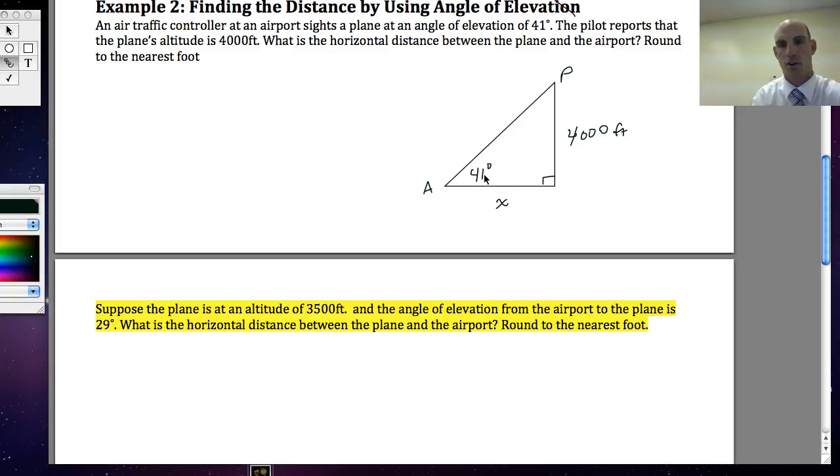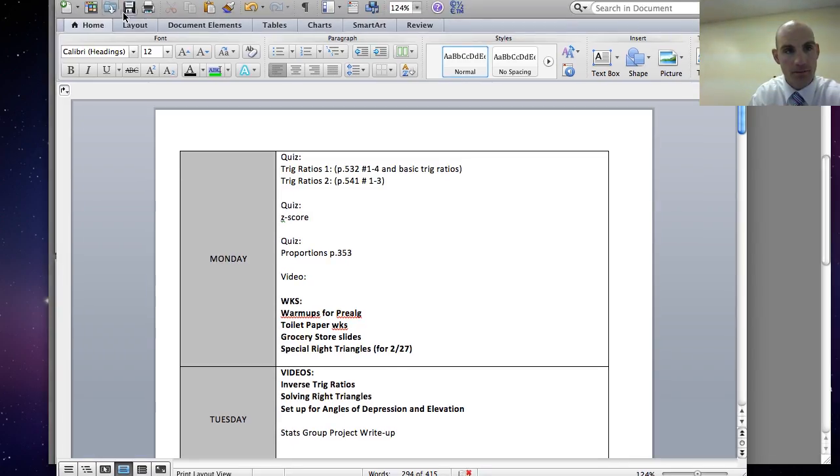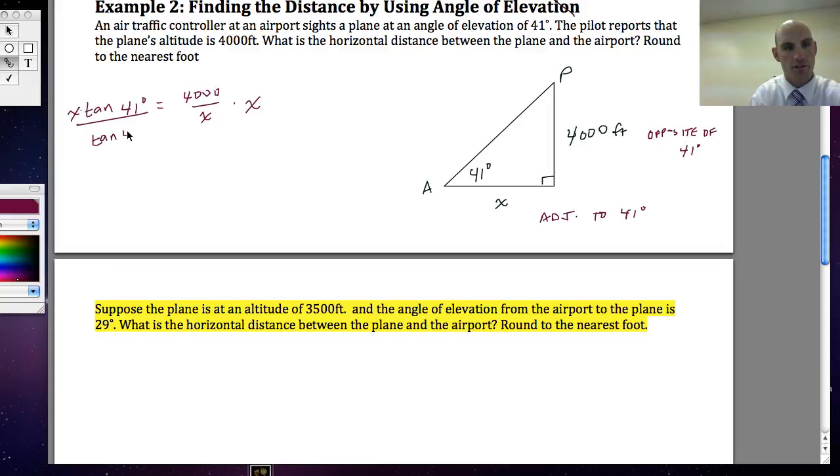Let's notice we have 41 degrees and we have the opposite, and we have the adjacent, and that tells us tangent. So the tangent of 41 equals 4,000 over x, and we'll multiply by x on both sides, and then divide by tangent of 41.